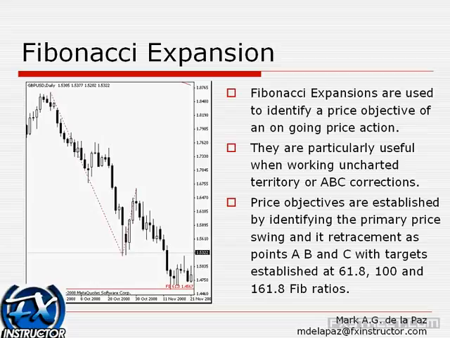Price objectives are established by, again, you draw the expansion and you determine the price targets at the subsequent fib ratios, your golden mean, your 100 level, and 161.8 fib, your golden ratio.